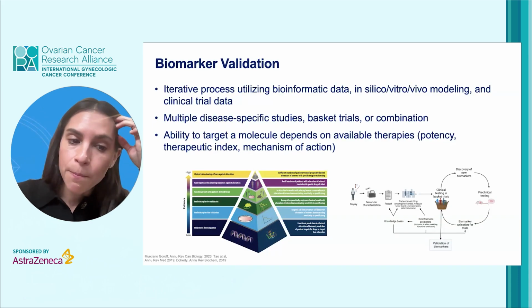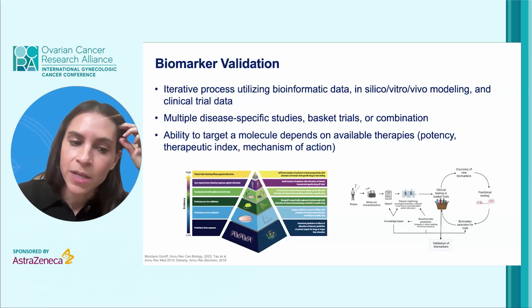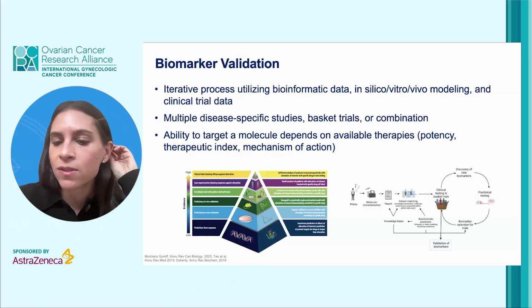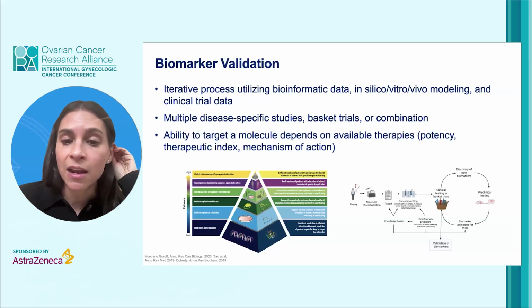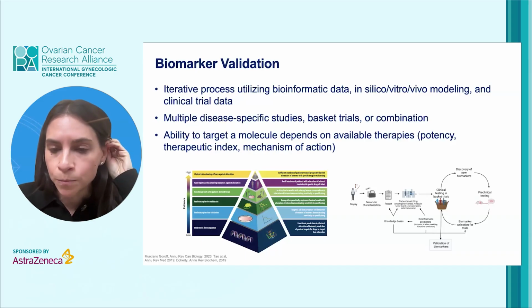So you see this kind of pyramid on the left of biomarker validation, starting with really the most basic identification of a potential marker on the computer through to clinical trials. And then on the right, you see a schematic really showing that this is an iterative process. Patients get a biopsy, they have their tumor molecularly characterized, they get a report, they're matched to a clinical trial.